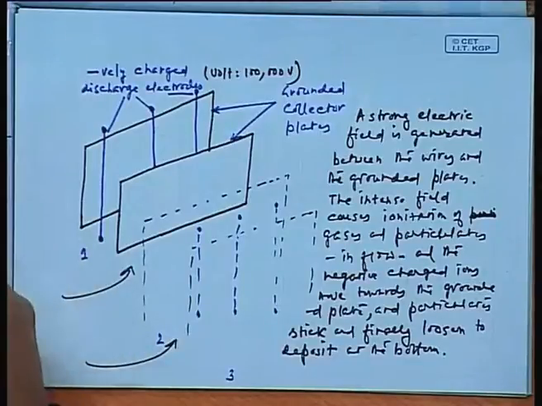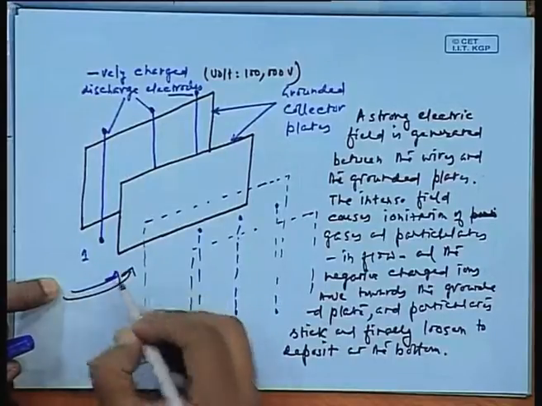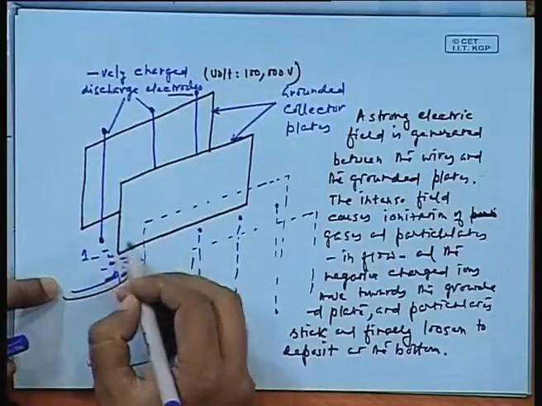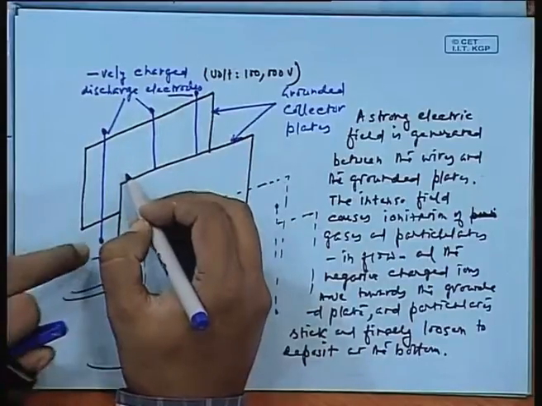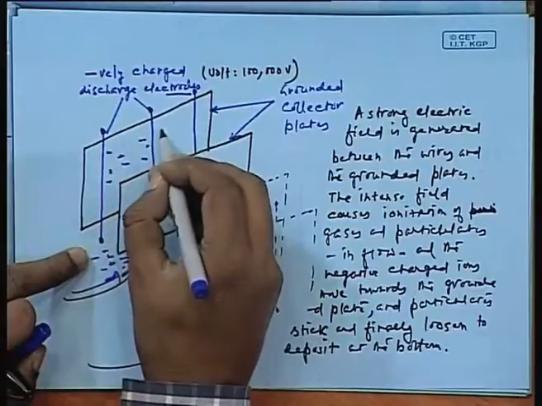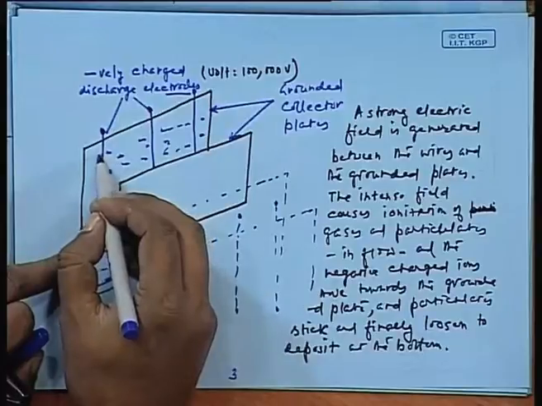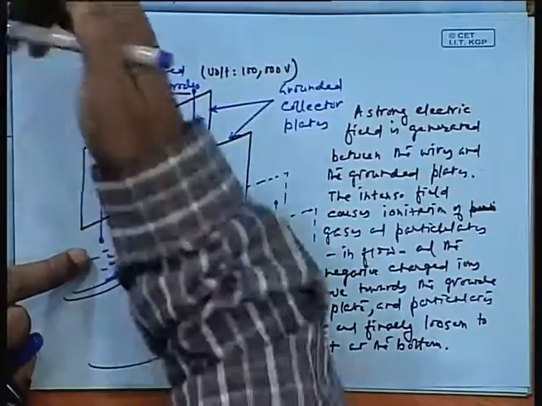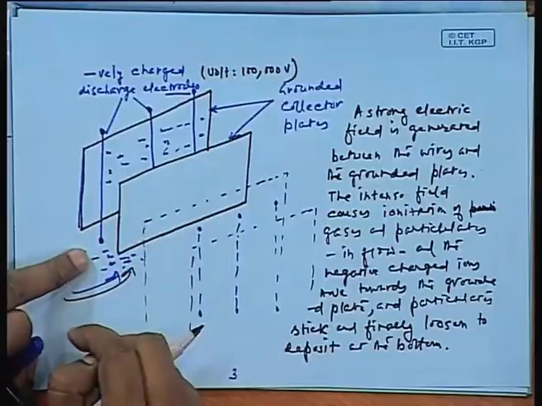The gaseous particles, the air that is moving in, are having gases, and they are being passed through these negatively charged discharge electrodes. As they pass through here, they get ionized. As they get ionized, they would be repulsed from the negatively charged poles, and they would move towards the relatively positively charged grounded collector plates.